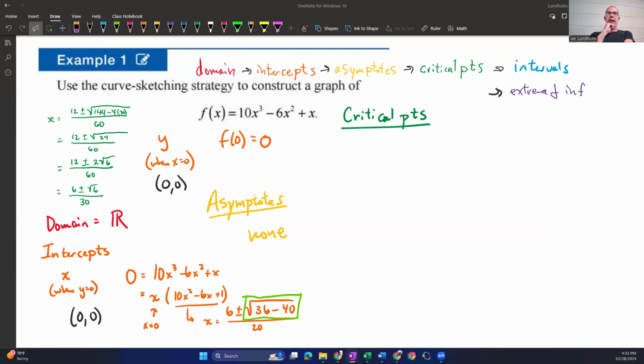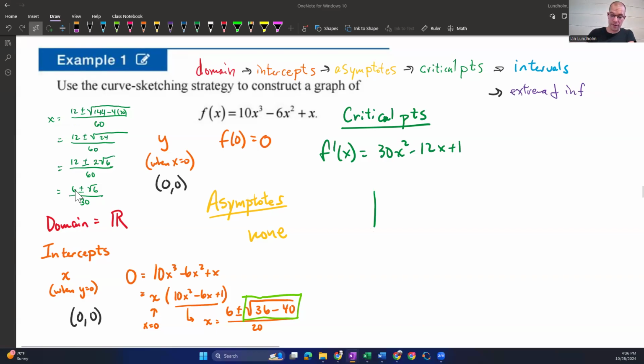Okay. For the critical points, we'll take the first derivative of f. We would get 30x squared minus 12x plus 1. And notice that I already wrote this over here. I did the quadratic formula on this so that we could get some values pretty quickly.